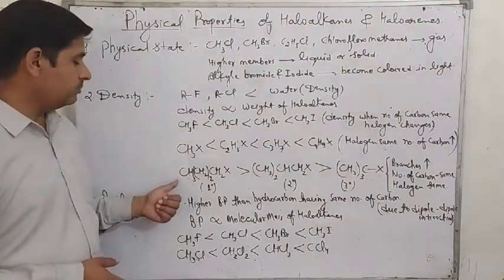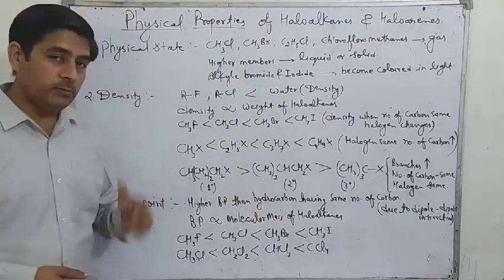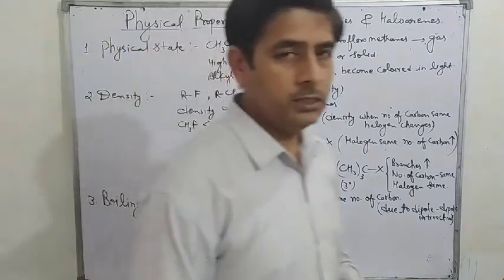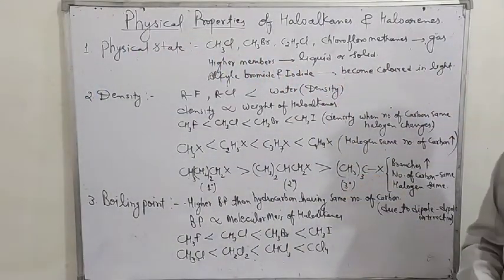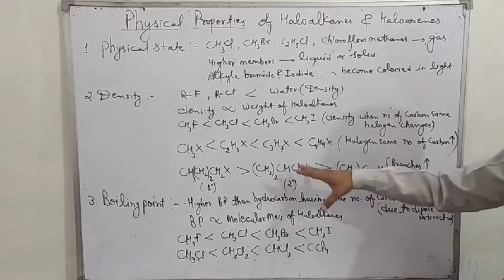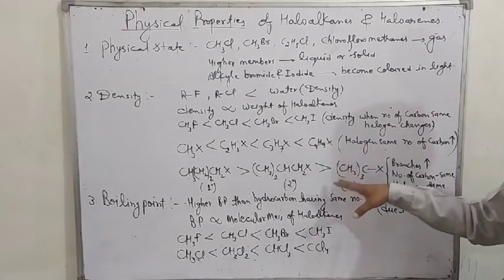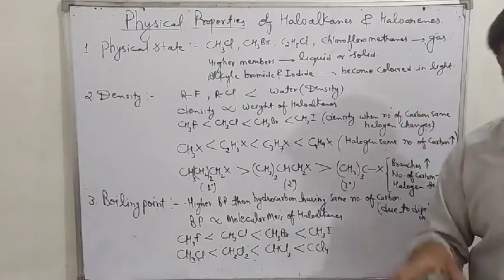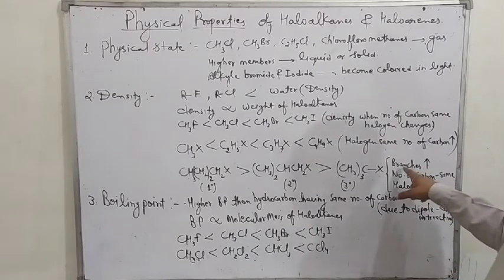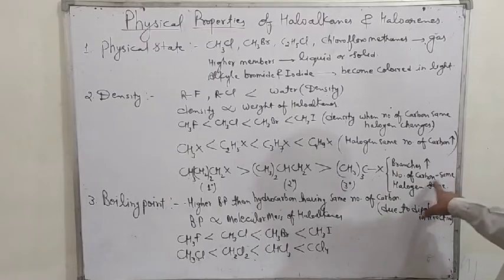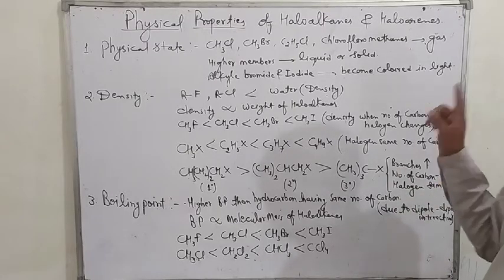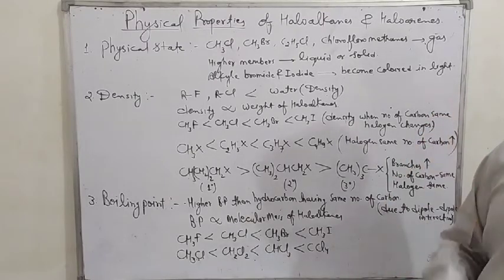In the next example, you can see the number of carbons is the same, so we can say they are isomers of each other, and these isomers have different densities. As the number of branches increases, with the number of carbons and the halogen remaining the same, the density decreases.